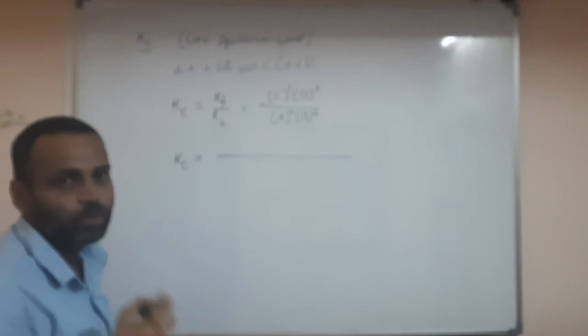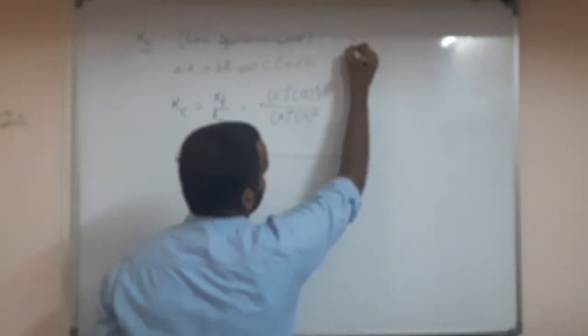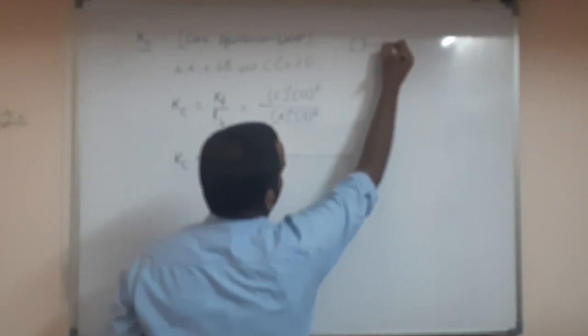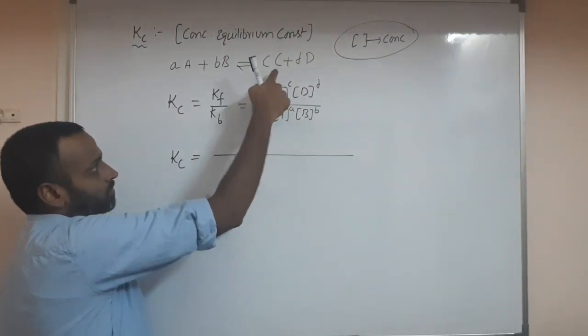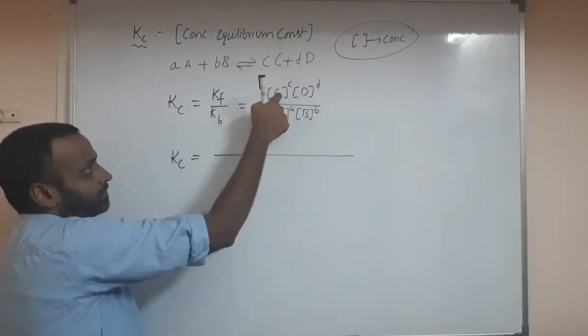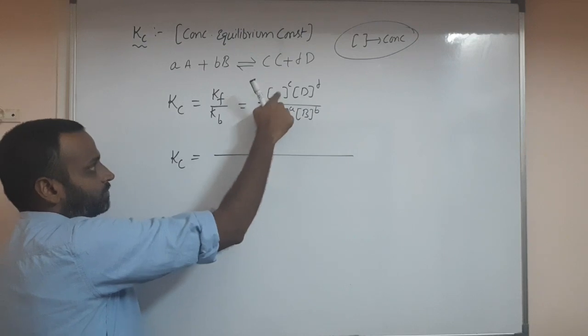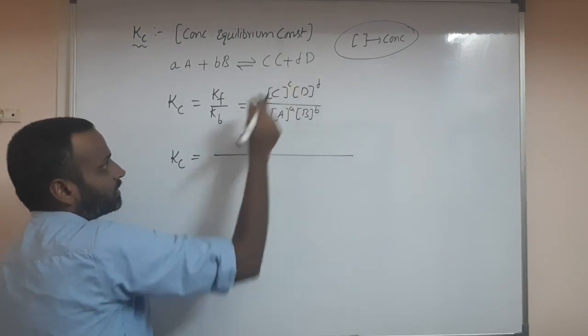The square bracket indicates concentration. Whose concentration? Product concentration. Which product? The product C, capital C. What is small c?